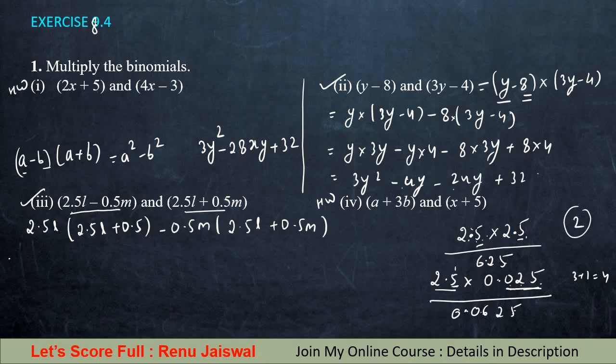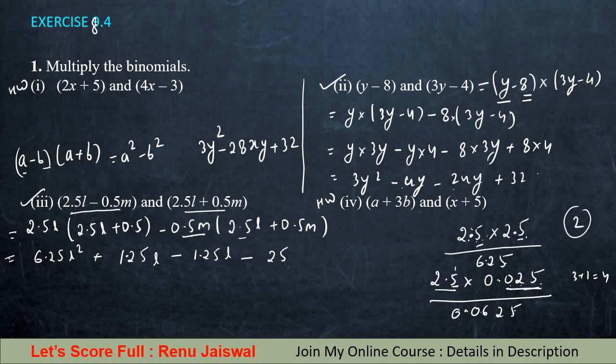Coming to the question. So here 2.5 times 2.5, I have done, 6.25, then L square. Then 2.5 into 5, when I multiply 25 with 5, it comes 125 and after the decimal 2 digits. So 1.25 and then L. Here also, when I multiply this and this, 1.25L plus minus minus 0.5 times 0.5. 5 fives are 25, yes, but where is the decimal?